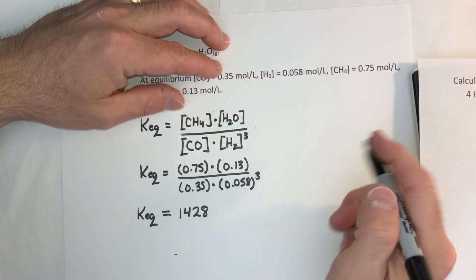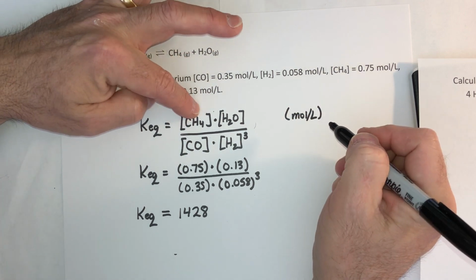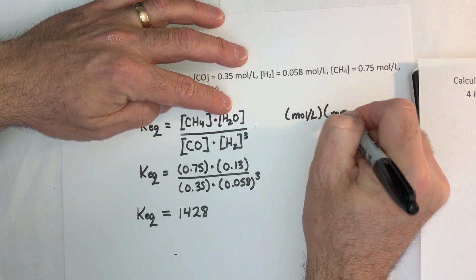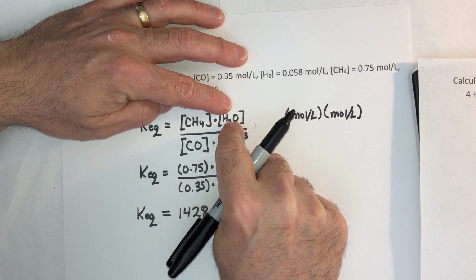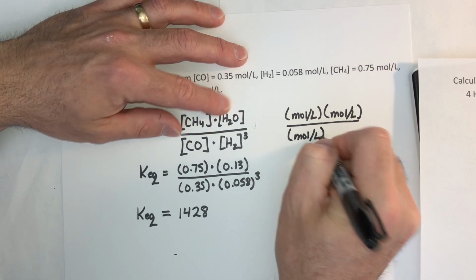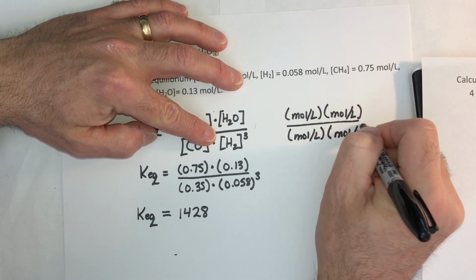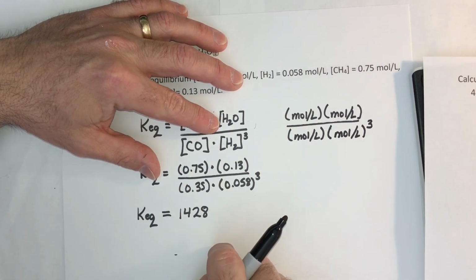Let's take a look at the units for the other one. Like if I do this one here, this would be moles per liter for the CH4, moles per liter for the H2O, moles per liter for the carbon monoxide, and moles per liter cubed for the H2.